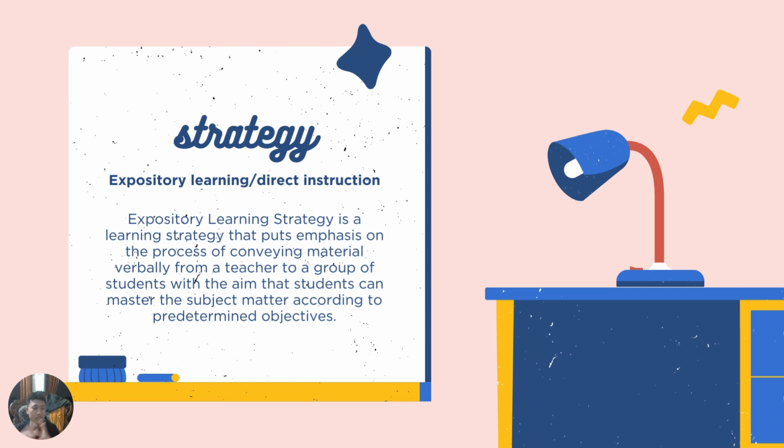Expository learning strategy is a learning strategy that puts emphasis on the process of conveying material verbally from a teacher to a group of students with the aim that students can master the subject matter according to predetermined objectives. It matches with our behavioristic learning theory, in which the teacher is the role model in the class.